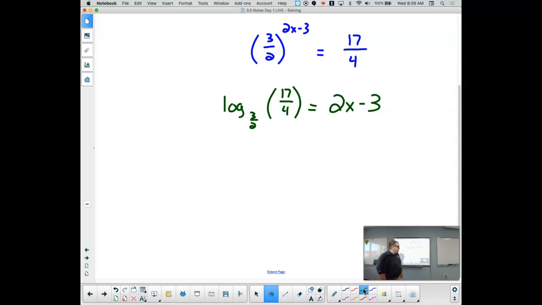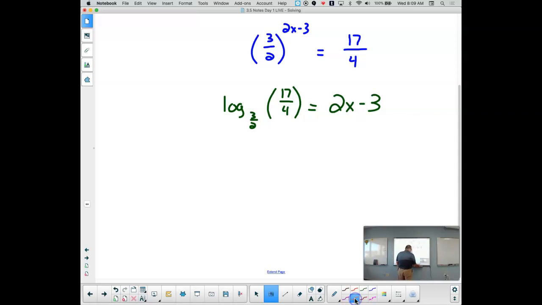Okay? Now, resist the urge to go right to your calculator right now. We could figure out on our calculator what log base 3/2 of 17/4 is. We could figure that out, okay? But we don't need to right now.